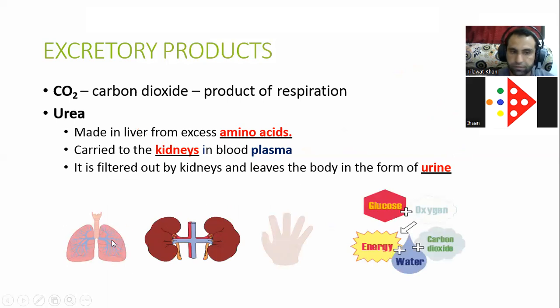All right, these are the reactions we discussed for respiration: in the presence of oxygen, glucose breakdown happens, and energy, carbon dioxide and water form. Energy is needed for your body, and water is also needed, no problem, but carbon dioxide is a waste product and needs to be removed.